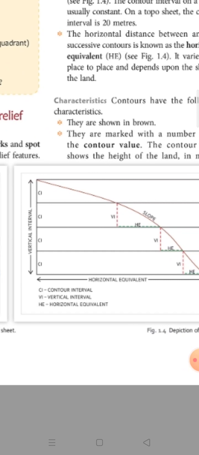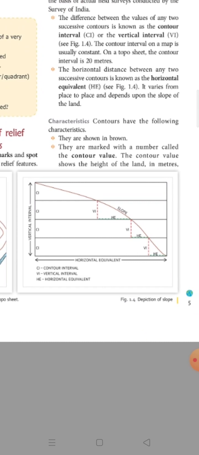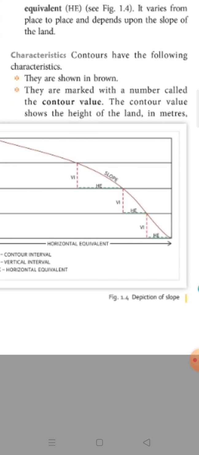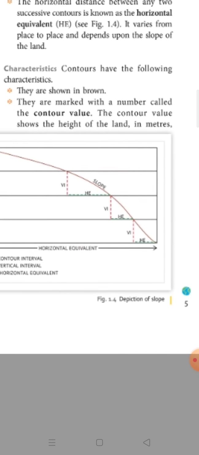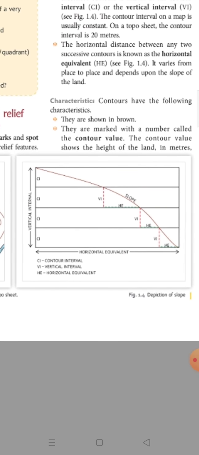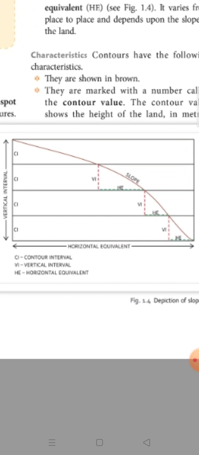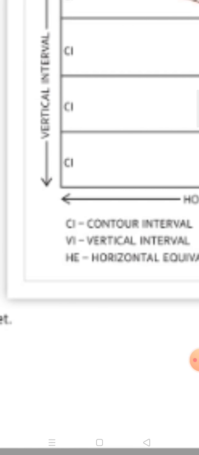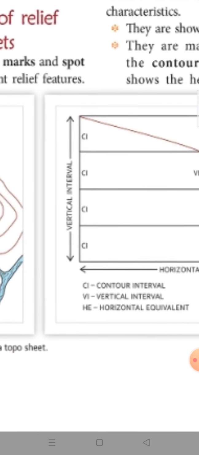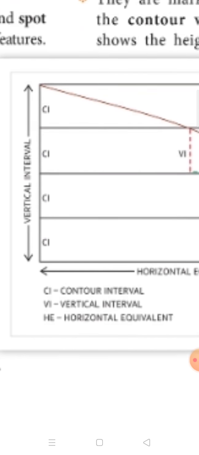You see this diagram, dear children, you take one paper, and you see, first, the depiction of slope. Here the depiction of slope is shown by the contours. This is the vertical interval.